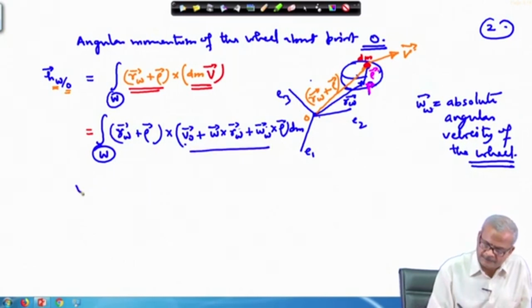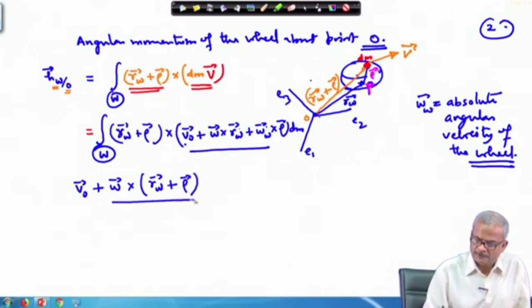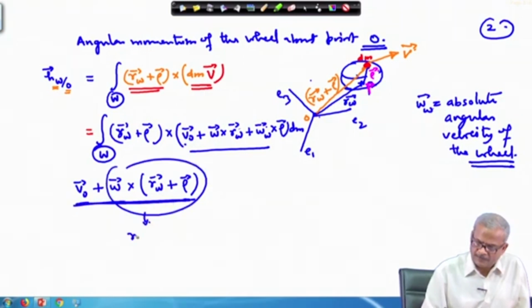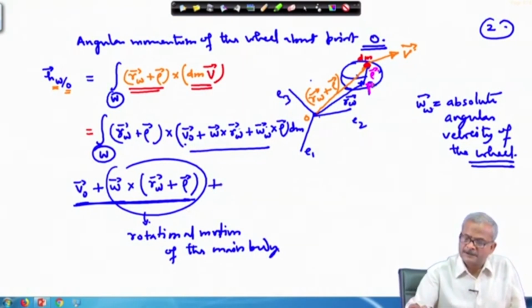This we can also understand from the point of view that v 0 plus omega cross r w plus rho. Okay. So, this part arises because of the rotational motion of the main body. Okay. And then your satellite itself is spinning, this wheel itself is spinning.